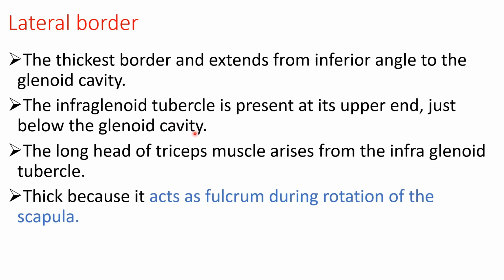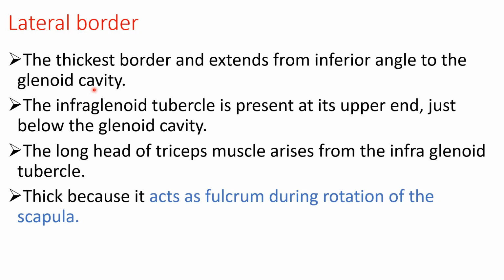The infraglenoid tubercle is present at its upper end just below the glenoid cavity. Then the long head of the triceps muscle arises from the infraglenoid tubercle. The triceps muscle is found posterior to the humerus. It is one of the muscles of the arm.